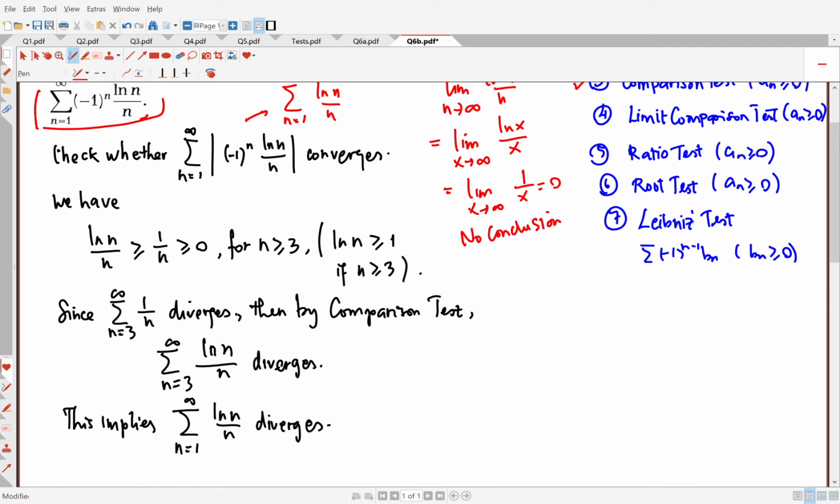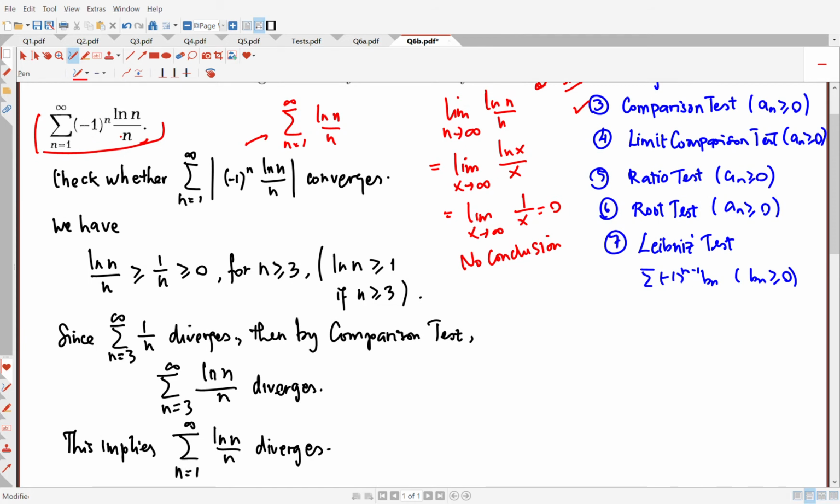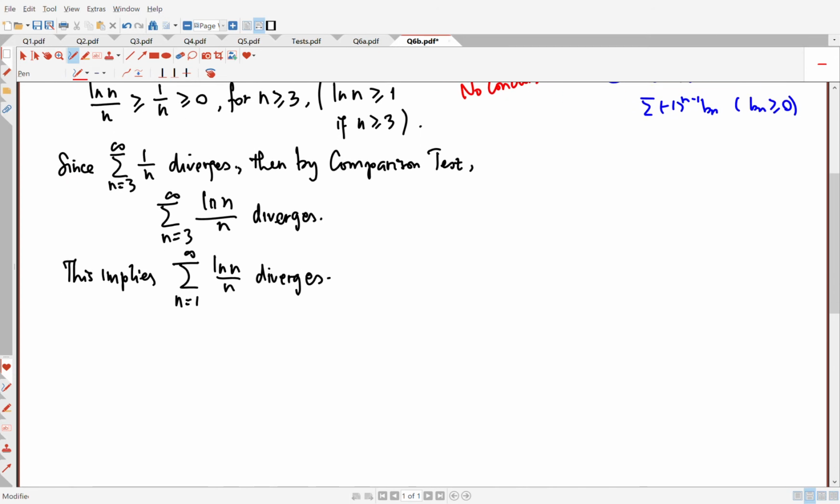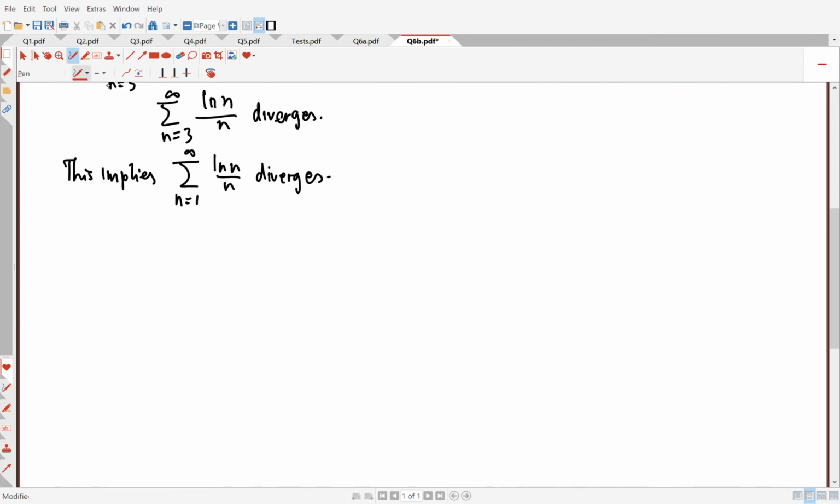So we need to check whether this converges or not. So next, we check whether the sum of minus 1 power n minus 1 ln n over n converges or diverges. Okay.